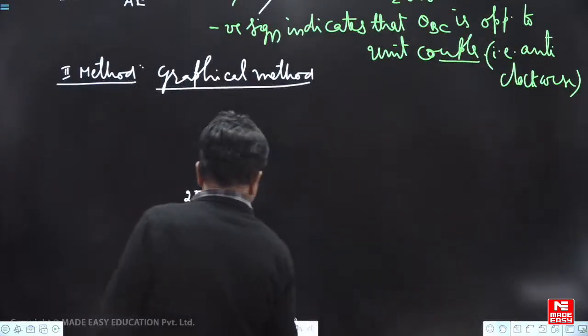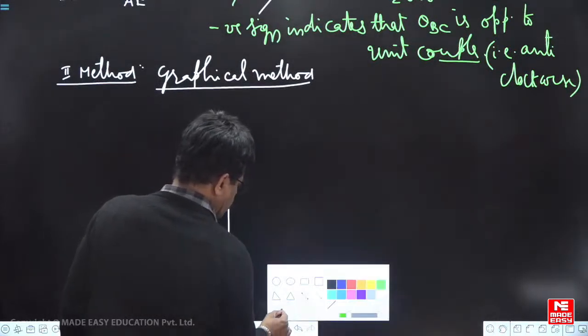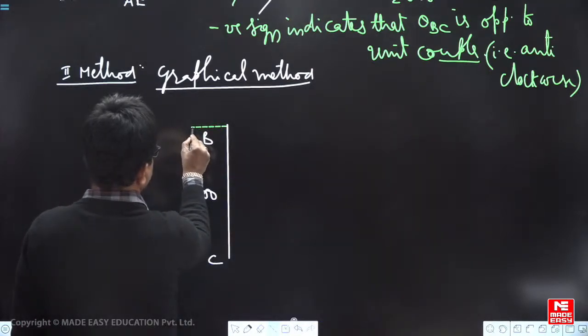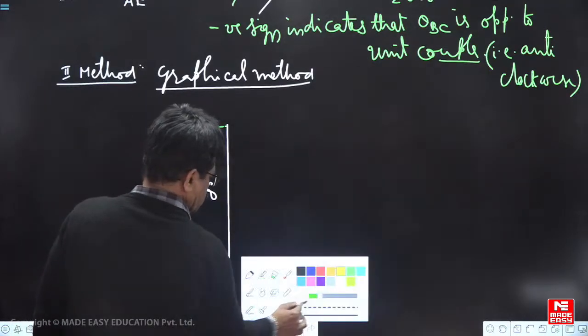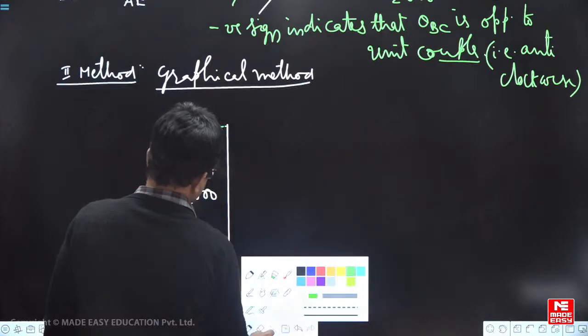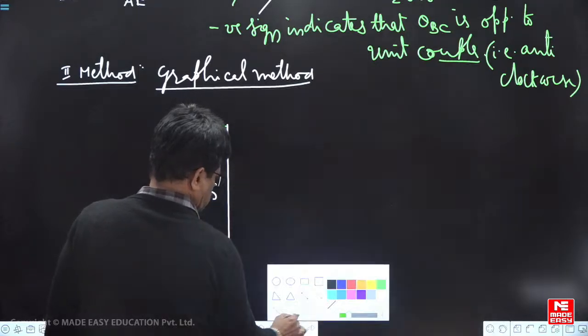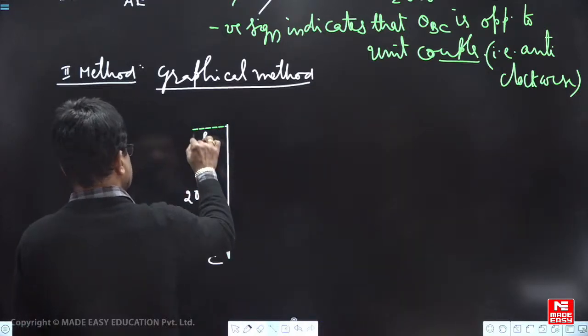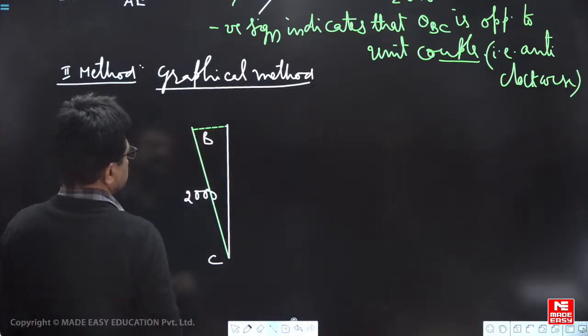So if you show that it's moving leftward by 10 mm, then its new position is like this, deflected position.